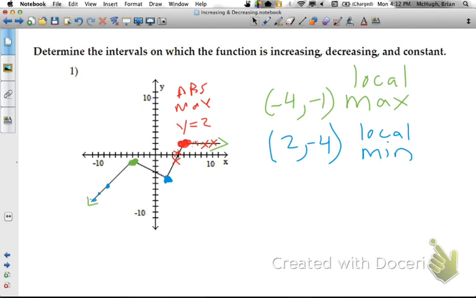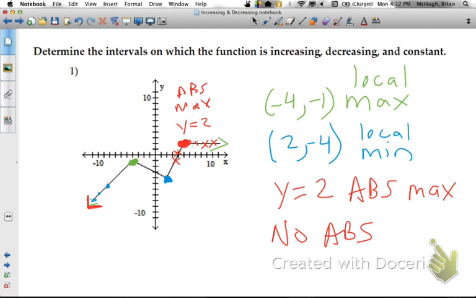Now there's no one particular x that has that absolute maximum, but y equals 2 is the absolute max for this graph. And because this graph is pointing downward off the edge, there is no absolute minimum. If you think you can find an absolute minimum, keep going a little bit further and there'll be a point lower than that.